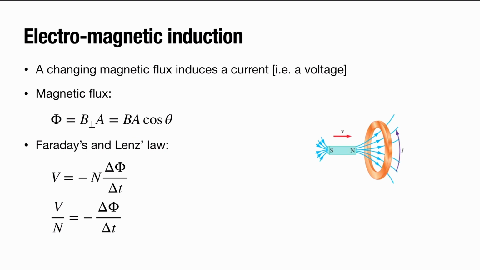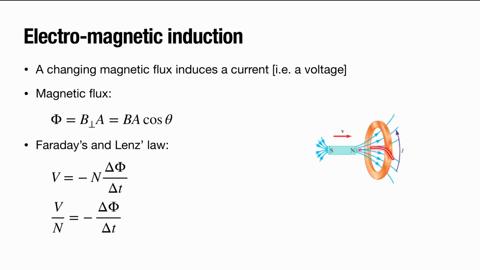And first of all, before I go to describing the two laws, I would like to remind us of a quantity called magnetic flux. A magnetic flux is just a measure of how much magnetic field is passing through a certain area. Remember, a magnetic field could be represented by the number of lines.